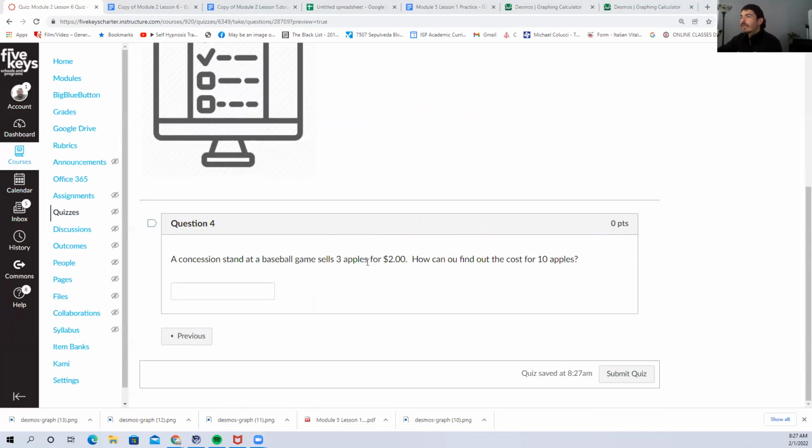Let's define our fraction, what it's going to be. I'm going to say price is on top, number of apples is on the bottom. That's how I've defined it.